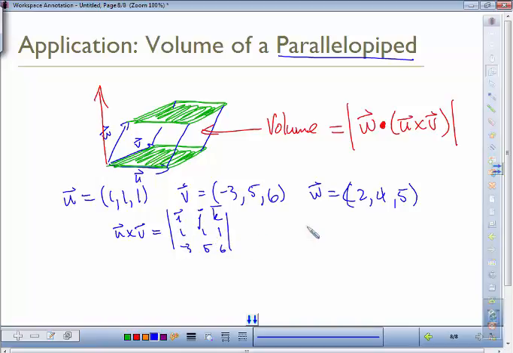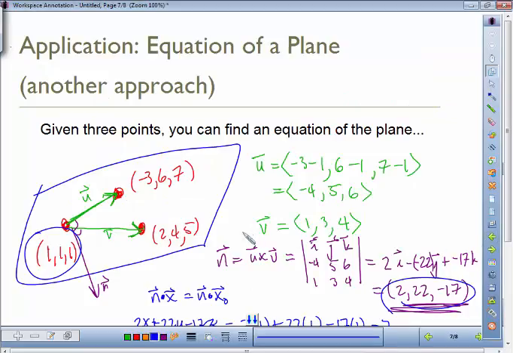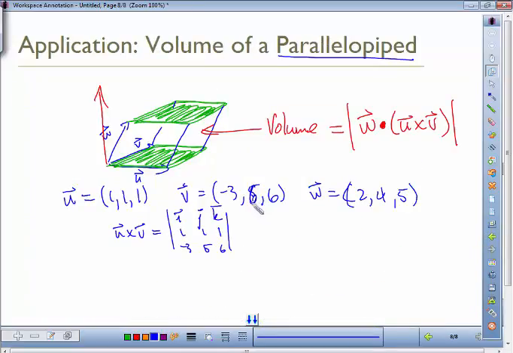Wait, did I already do this? Are these the same numbers? Let's make it the same numbers. Now they're the same numbers?